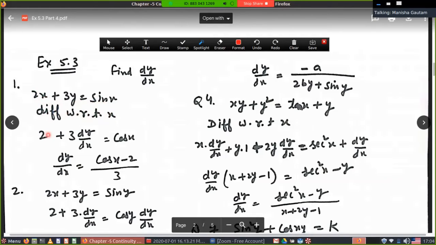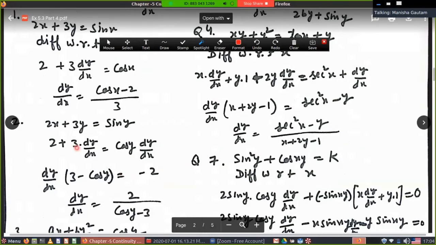Derivative of 2x is 2, and for 3y, taking 3 outside, the derivative of y is dy/dx, and the derivative of sine x is cos x. Now you have to find dy/dx. Transpose this to the right hand side: cos x minus 2, and divide by 3. dy/dx is equal to (cos x minus 2) upon 3.